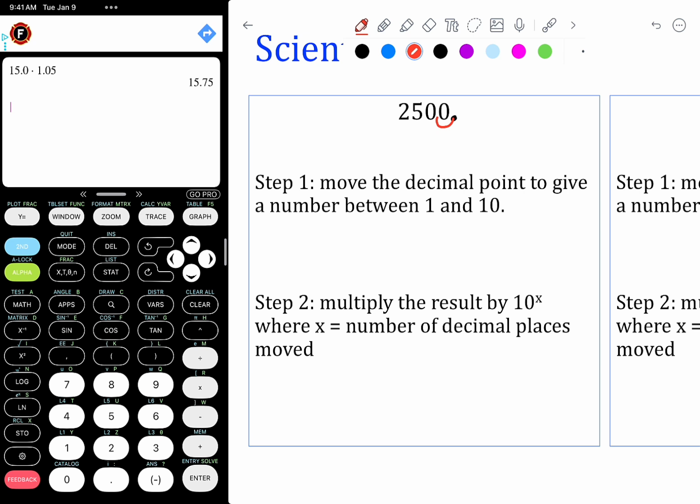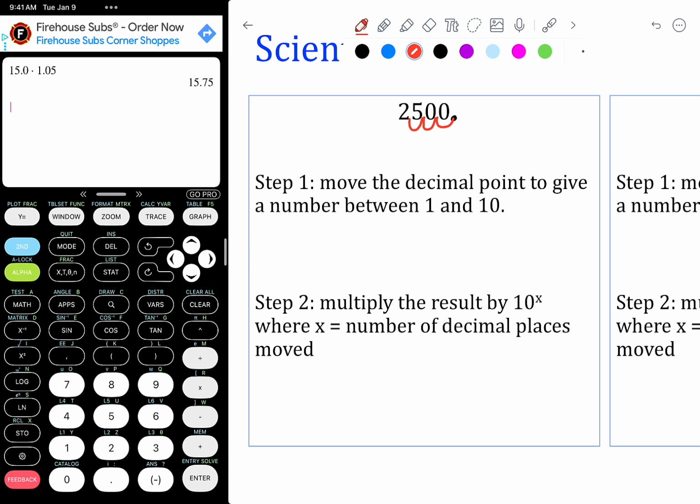If I do that, then I have 250.0. That's not a number between 1 and 10. If I move it another place, that gives me 25.00. That's not a number between 1 and 10. If I move it a third time, that gives me 2.5, which is a number between 1 and 10.